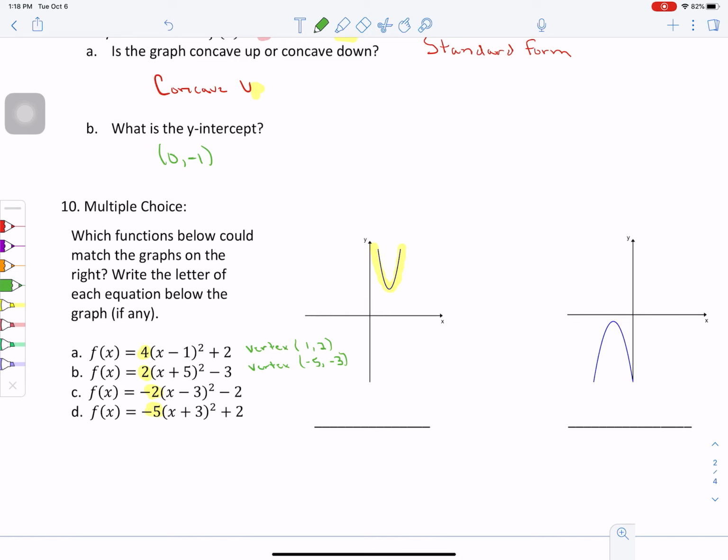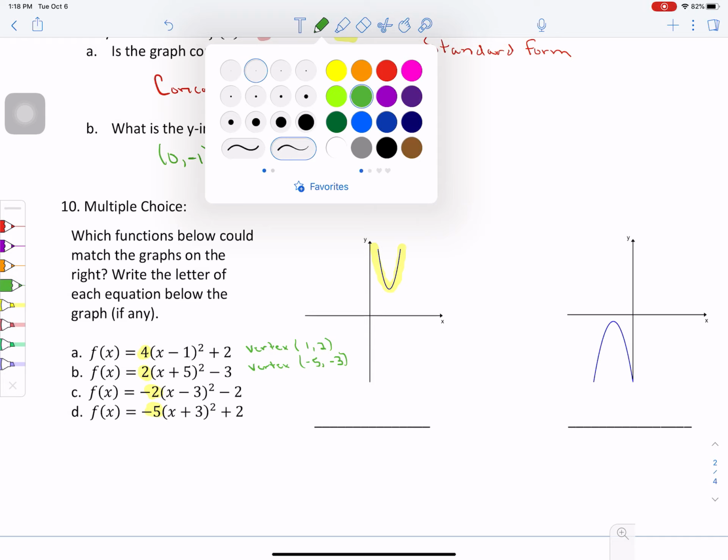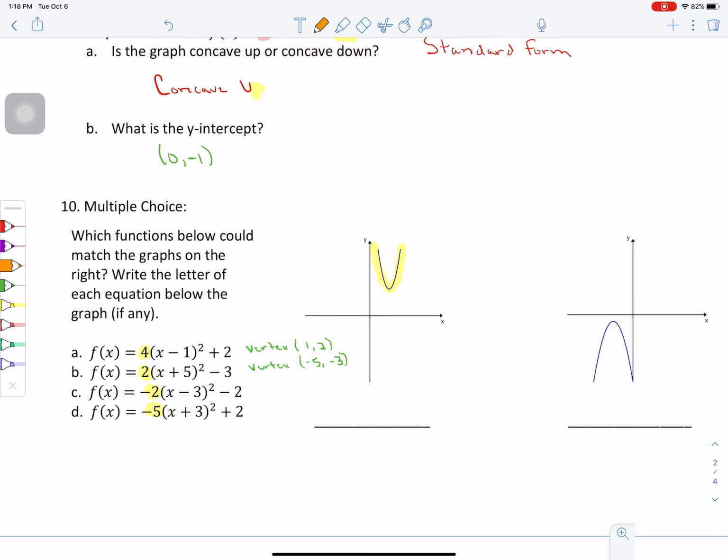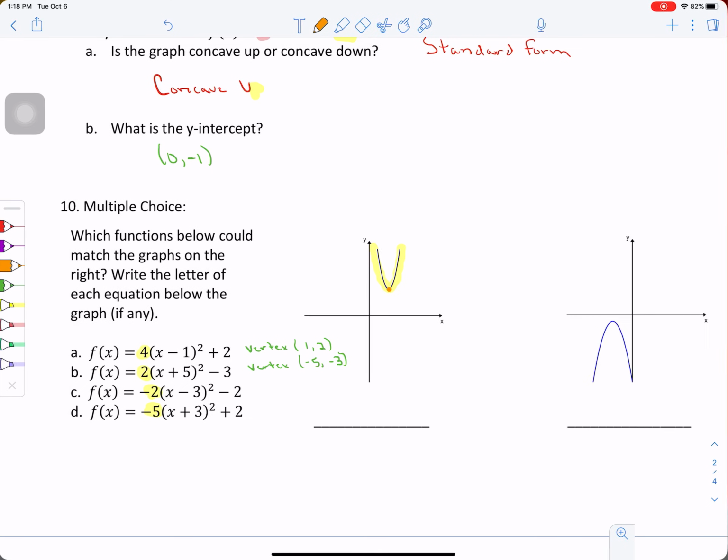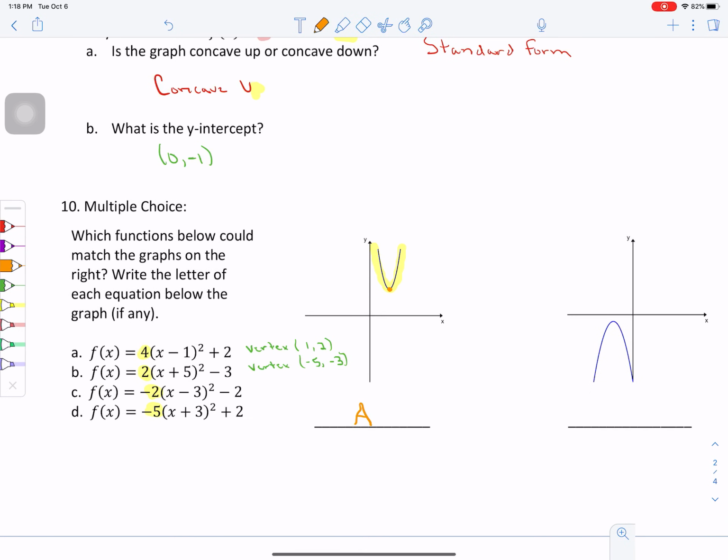If I was to graph either one of these two points, the only point that could possibly be in the correct quadrant would be +1, +2, because that could possibly be this point right here. So for the first graph, letter A would be our choice.